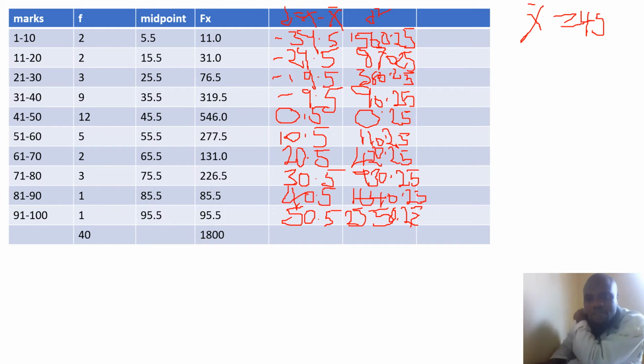And the next column that we need is the F column multiplied by our D squared column.